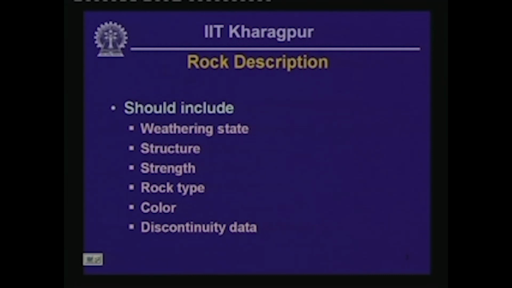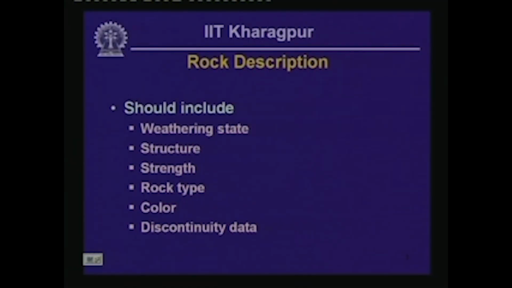We are going to describe in a very crude manner the expected strength of the sample, whether it is going to be relatively strong or weak. Then we are going to name the rock type, we have to talk about the color of the rock sample, and we have to provide the discontinuities within the rock mass in the form of joints or slickened sides or partings or that kind of stuff.